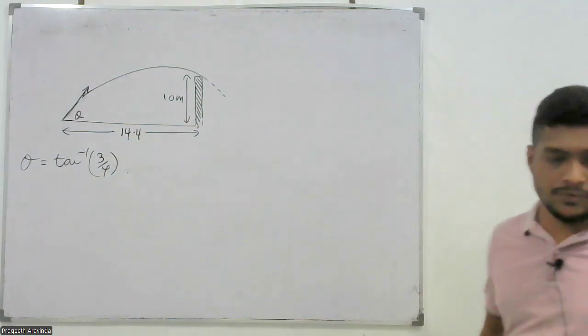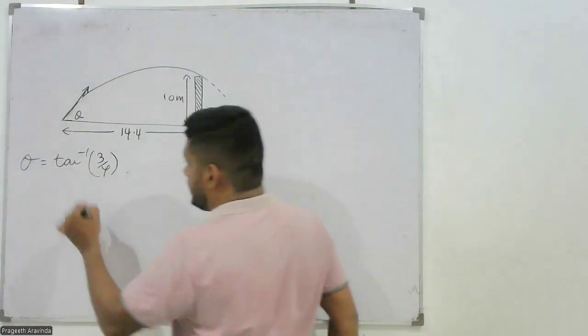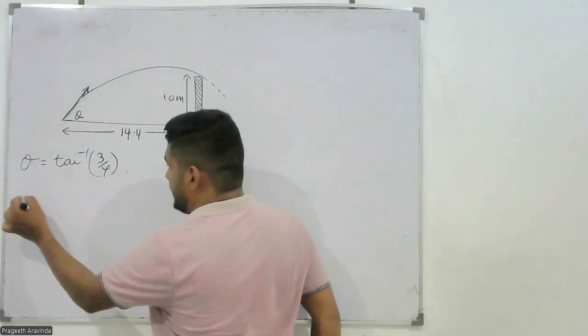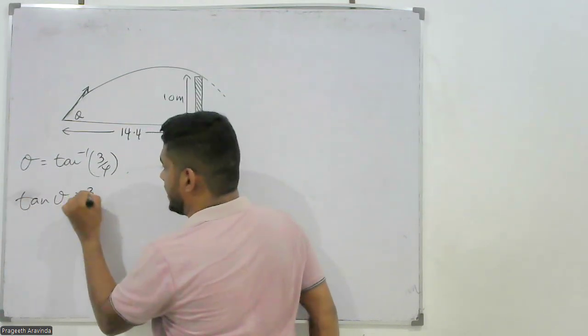Theta equals tan inverse 3 divided by 4 means tan theta equals 3 divided by 4.